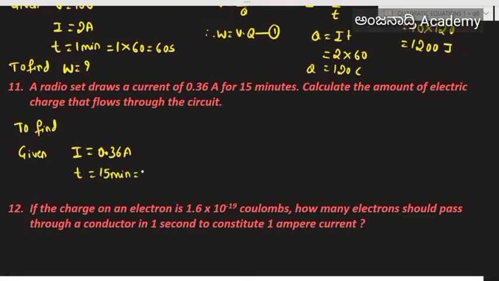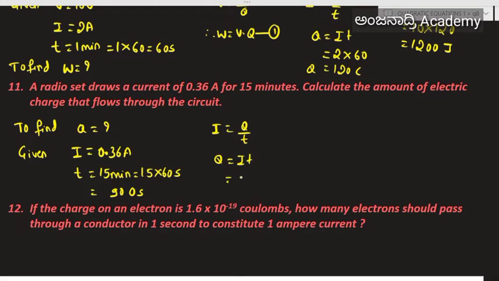So 15 minutes, that is 15 into 60 seconds, 900 seconds he has given. Calculate the amount of electric charge, Q is equal to question mark, and we know that I is equal to Q divided by T. Q is equal to I into T.